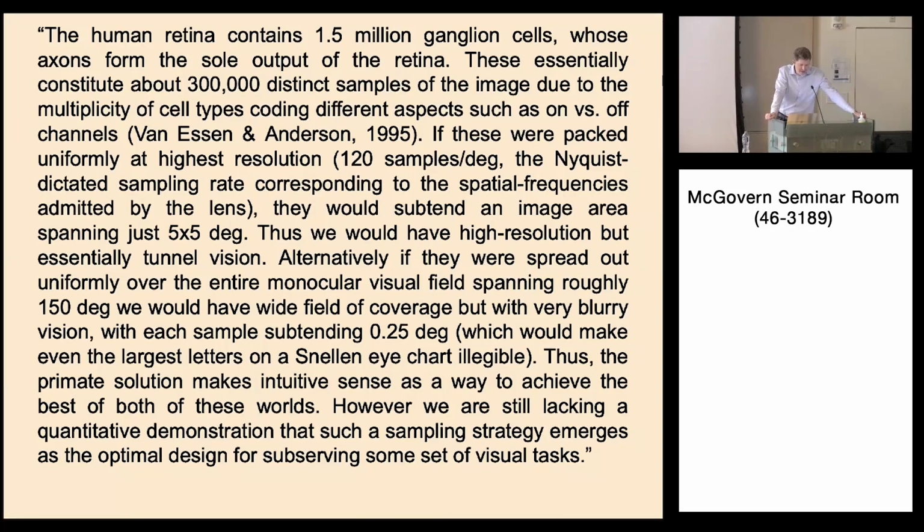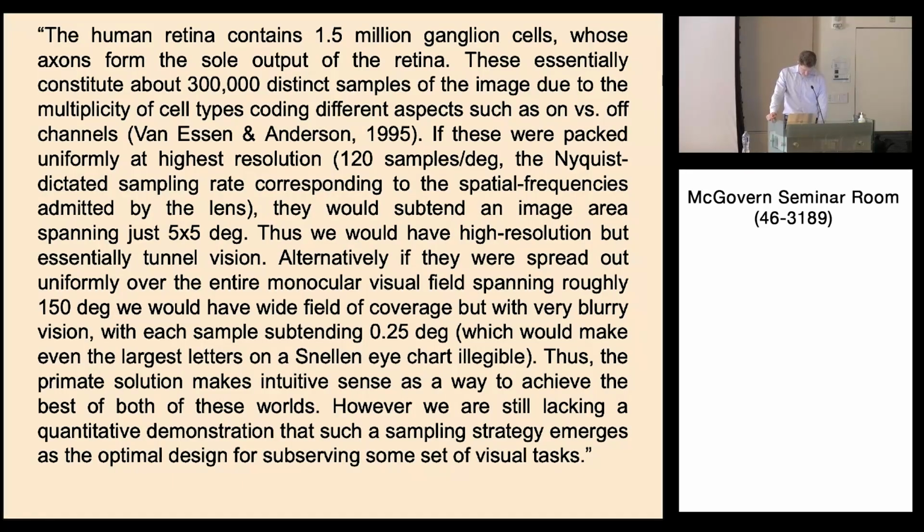These essentially constitute about 300,000 distinct samples of the image due to the multiplicity of cell types coding different aspects such as on versus off channels, which we're going to talk about in a moment. If these were packed uniformly at highest resolution, they would subtend an image area spanning just 5 by 5 degrees. Thus, we would have high resolution but essentially tunnel vision.